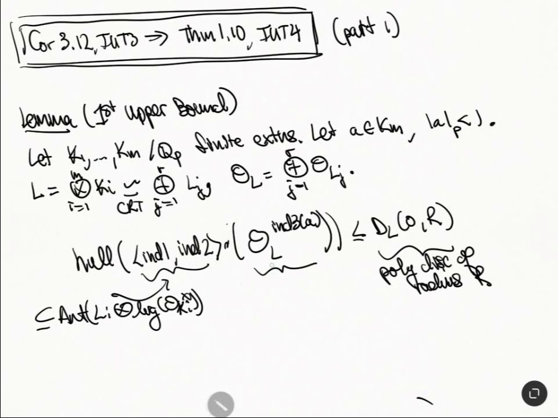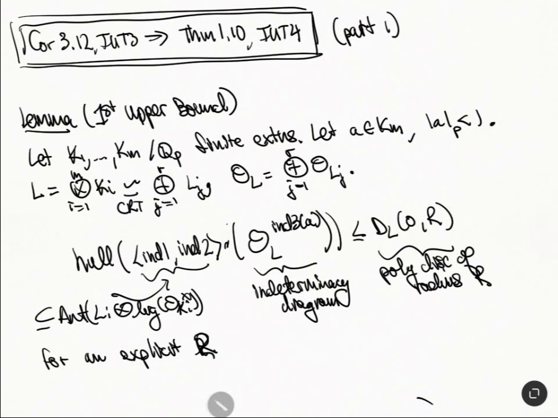This is defined via the indeterminacy diagram. So for some explicit L and some explicit radius R, we're going to have a bound of this form, and now I'm going to write down what this R is.